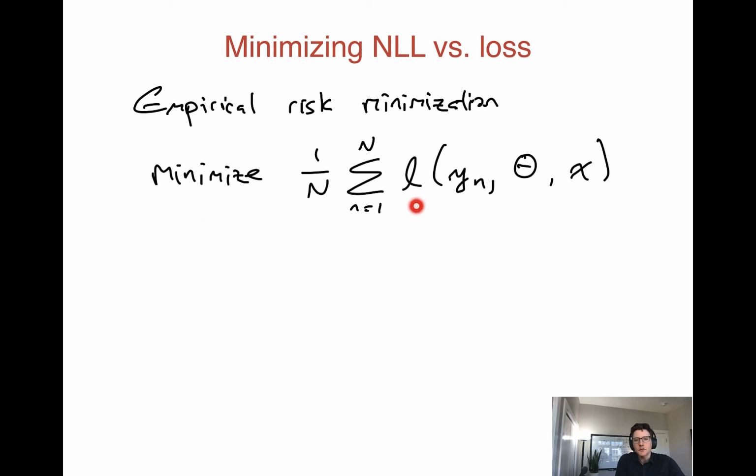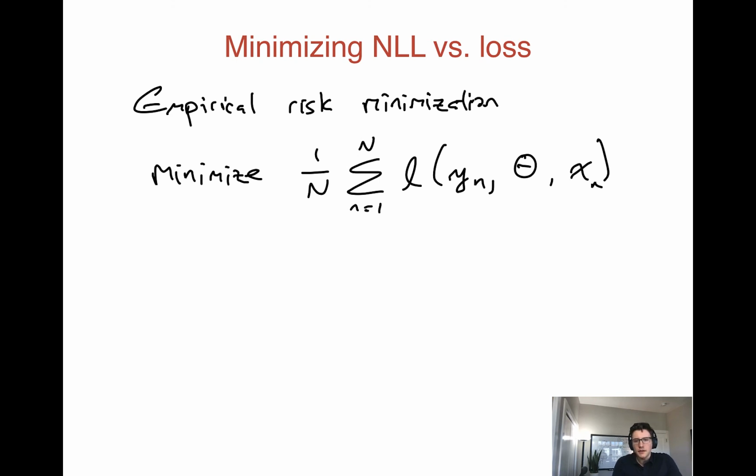We define some loss function that depends on y for a particular example. This is a sum over all the examples. Y for the example, the parameters, and x for the example.